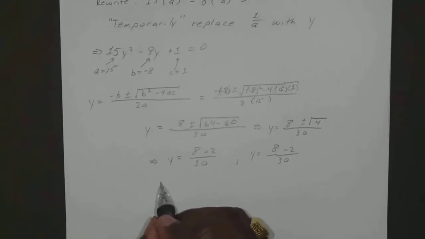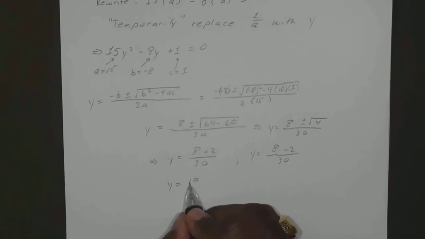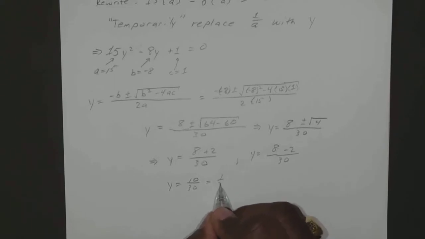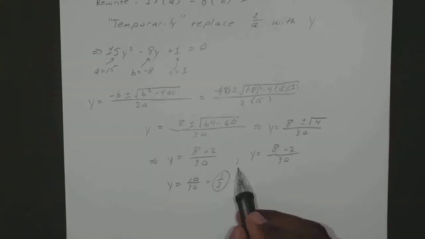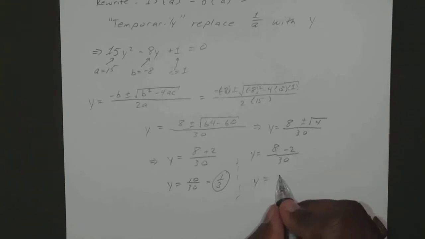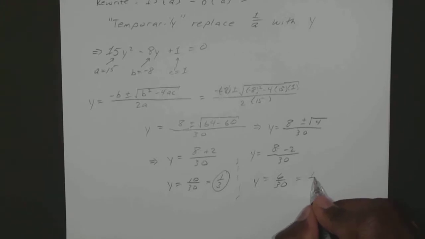So this gives us y equals 8 plus 2 is 10 over 30, which simplifies to 1/3. And y equals 8 minus 2 is 6 over 30, which simplifies to 1/5.